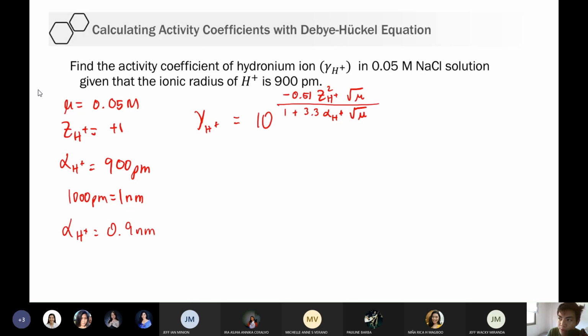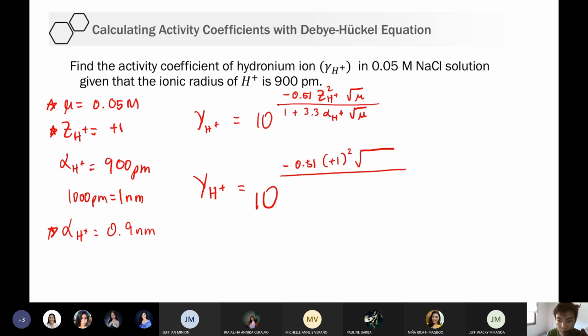Since we already have all the info necessary to solve for gamma, we have the mu, the charge of the H plus, and the alpha, we can now plug it into our equation. So we will have 0.51. What's z squared? That will be positive 1 squared.